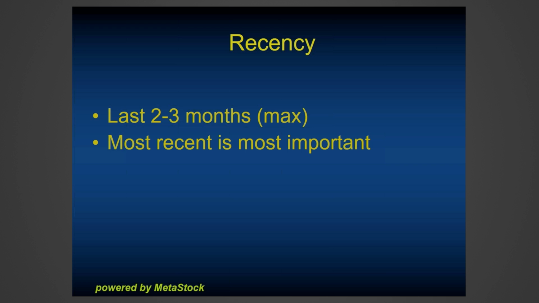Everything is changing very quickly. So we only go back 2 or 3 months and look, did this same signal, the same methodology perform well? And again, the most recent is the most important. That's the thing to remember. What has this signal, to be kind of trite about it, done for this stock lately or this ETF?